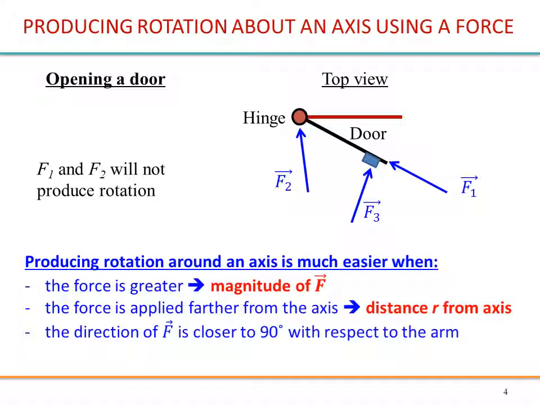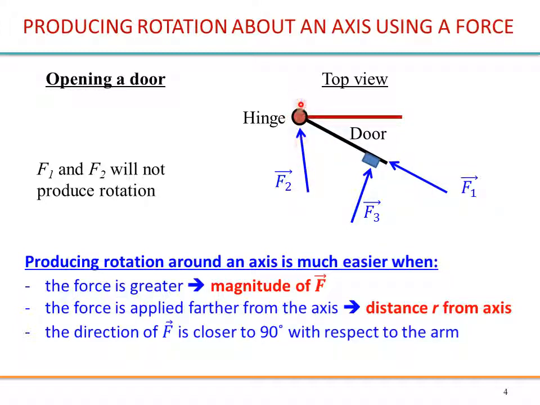So how can we produce rotation efficiently using a force? Let's take the example of a door. The door is here, and you have the hinge here, so the axis of rotation is here. We have three forces here. F1 is applied to the end of the door, but it is on the line going through the hinge, through the axis of rotation.